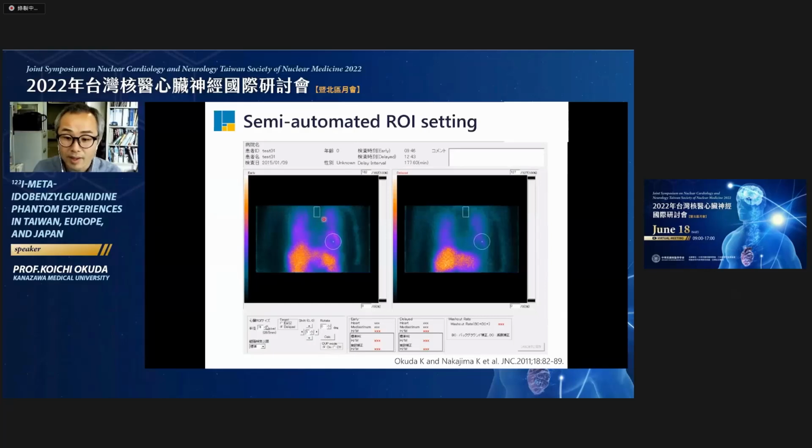We can modify the size of the cardiac ROI. Then we adjust the ROI position in the delayed planar images. Finally, we can get early and delayed HMR values as well as washout rate.